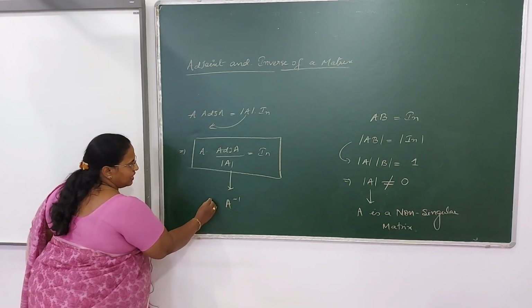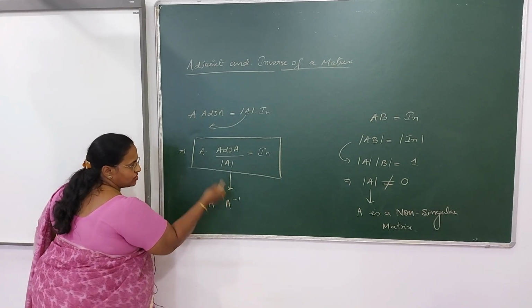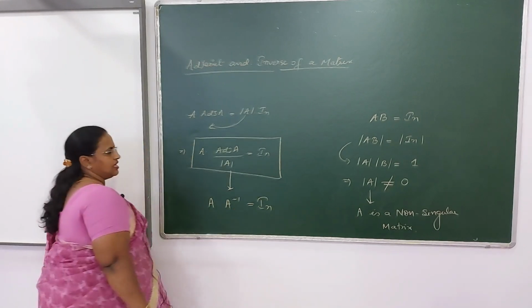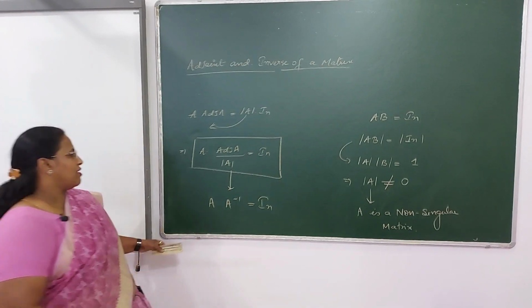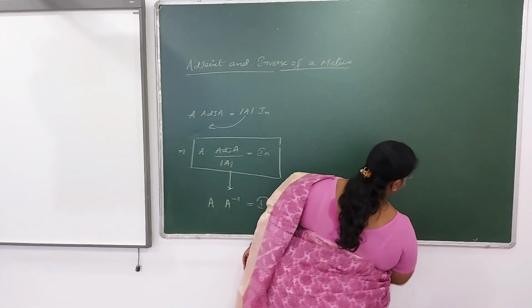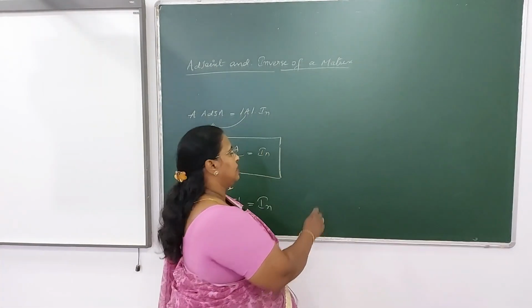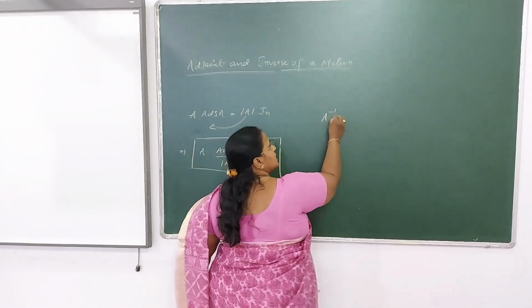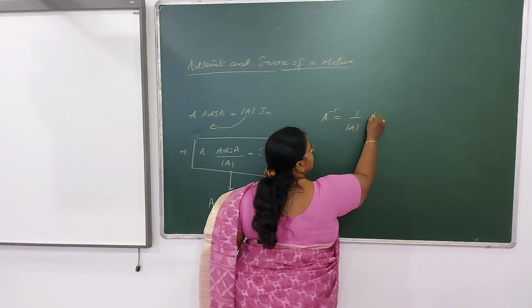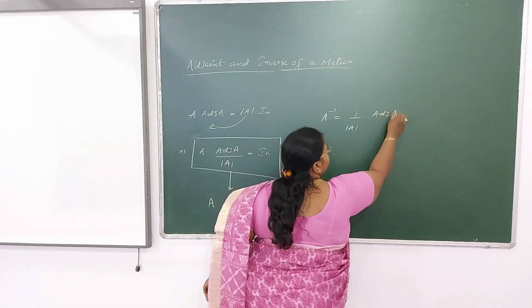Because when A is multiplied by A inverse, we get identity. So from this, we write the formula for finding A inverse: A inverse is equal to 1 upon determinant of A into adjoint of A.